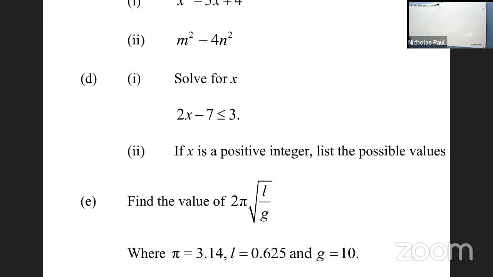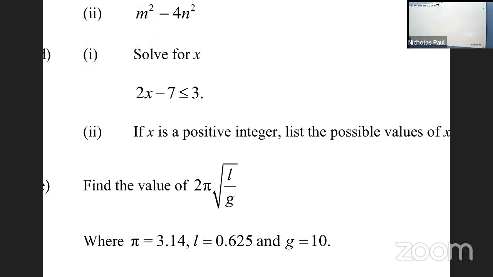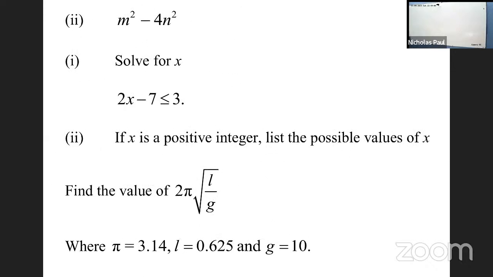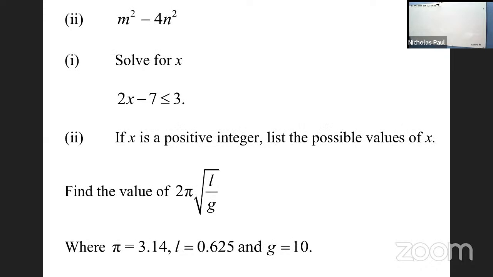Right, this one here, only the inequality. Ignore everything else. Only this part here.